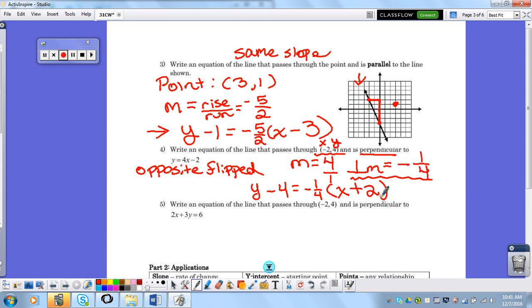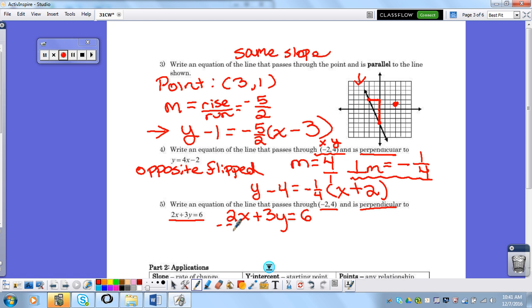And number 5, write an equation of a line that passes through negative 2, 4, and is perpendicular to 2x plus 3y is equal to 6. If you notice, your equation is in standard form, so what you're going to do is transform that into slope-intercept form. That means you need to get your y by itself. So I'm going to cover up the y, and you want to get your x on the other side.